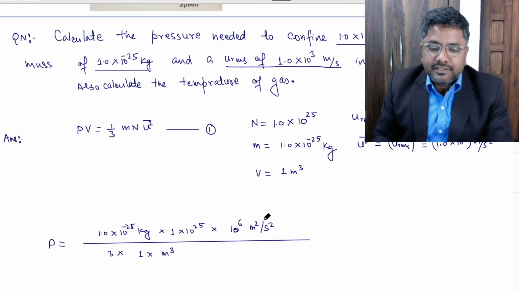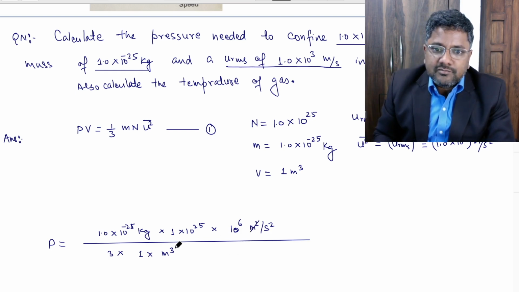So see here, meter square and meter cube, this is cancelled, meter is left.